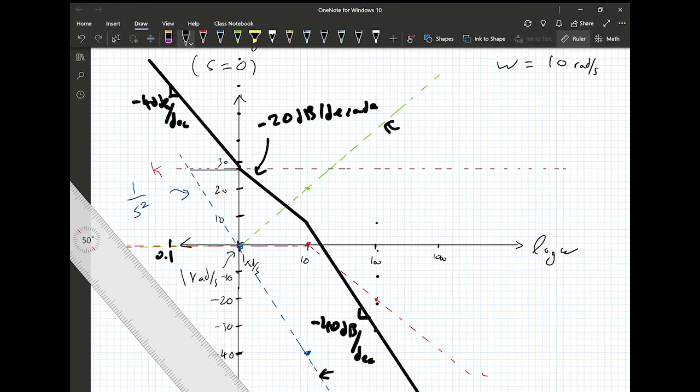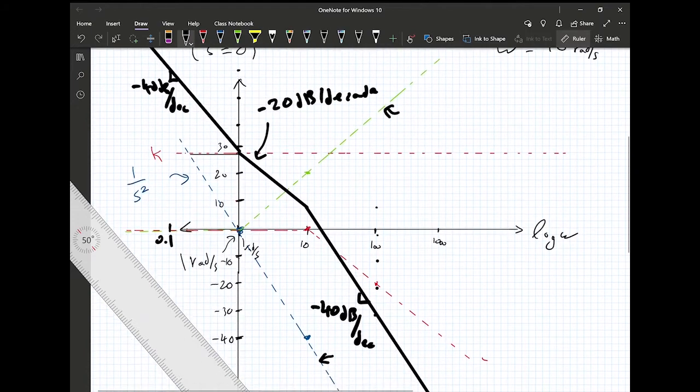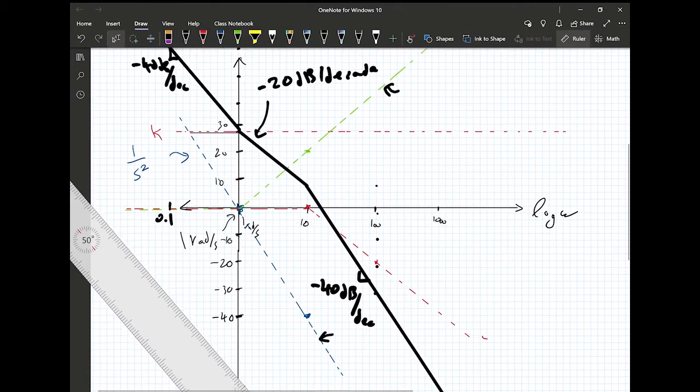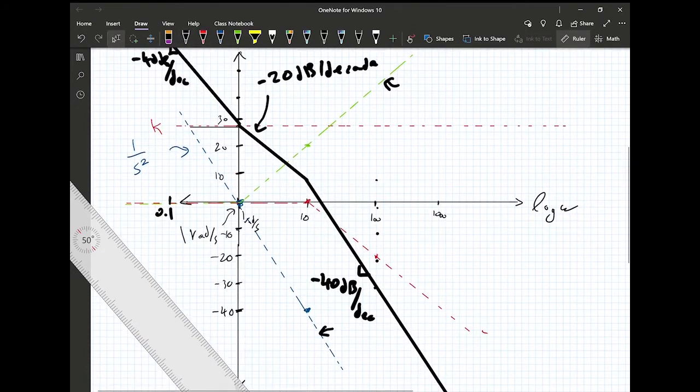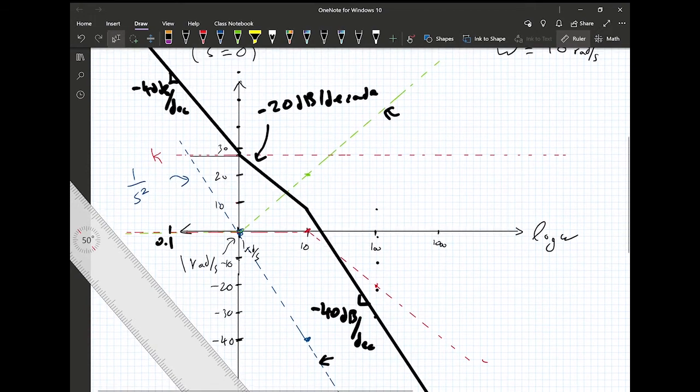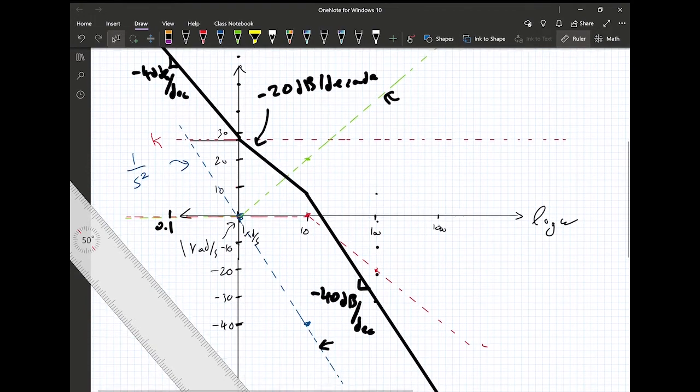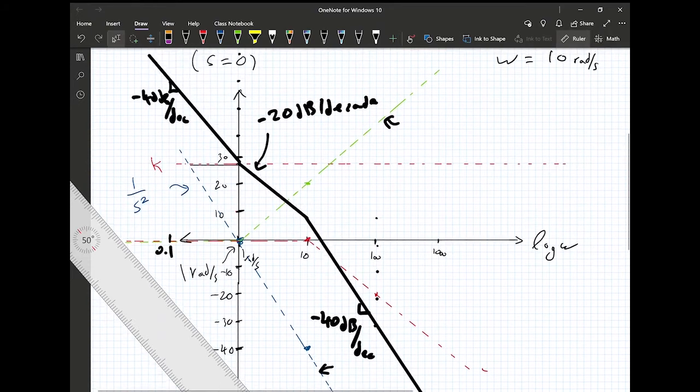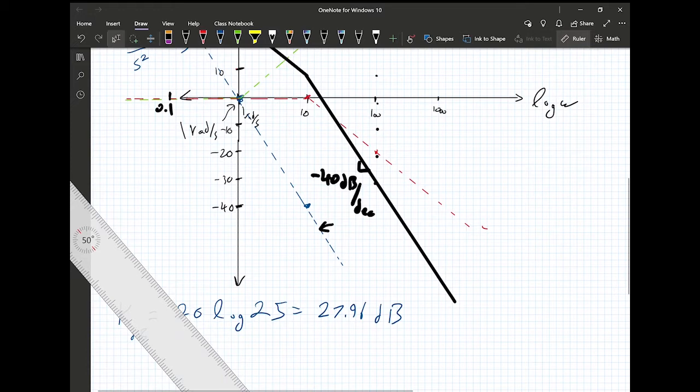It reduces the gain. But then at 10 rad per second, we have an extra pole, which cancels the effect of the zero, essentially, and brings back the slope to minus 40 dB per decade. So this is the correct magnitude response.